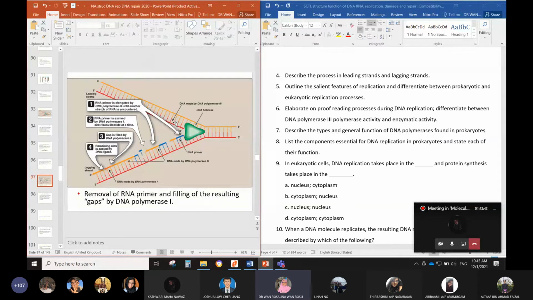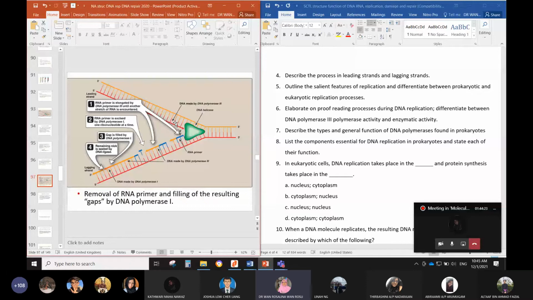The process would be the same after that: after polymerase 3 has finished adding onto the primer, the RNA primer is degraded, and then the gap is filled by polymerase 1. Polymerase 1 has exonuclease activity that can degrade the RNA primer, and then it can add on to fill in that gap.